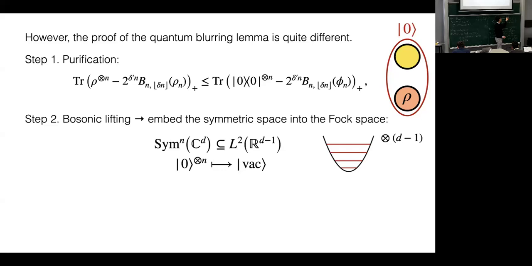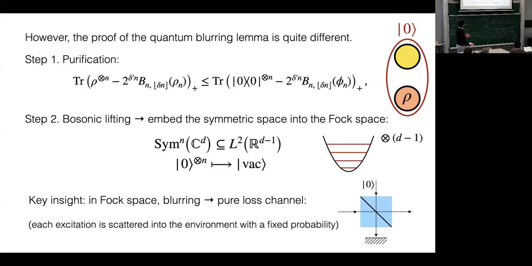So you get this thing, tensor d minus 1. It's infinite dimensional, so it's fine. Then you get what's called a multi-mode bosonic system, which is a perfectly fine object. Once you solve the qubit case, you're basically done somehow.